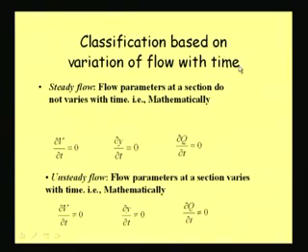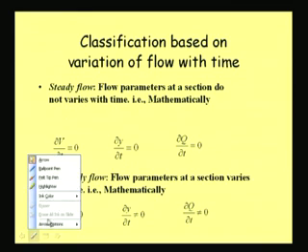Now, let me go into each of these classifications in more detail. First, we talk about classification based on variation of flow with time, and that classification we do as steady flow and unsteady flow. Let me take the pen here.